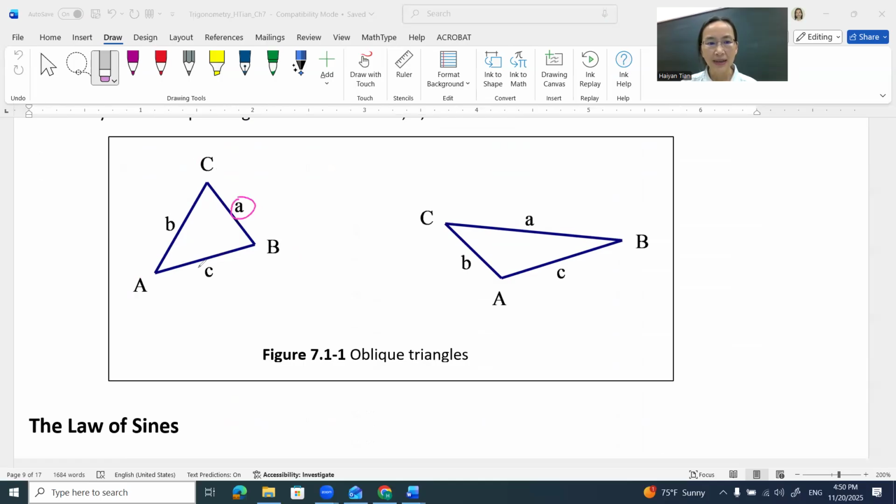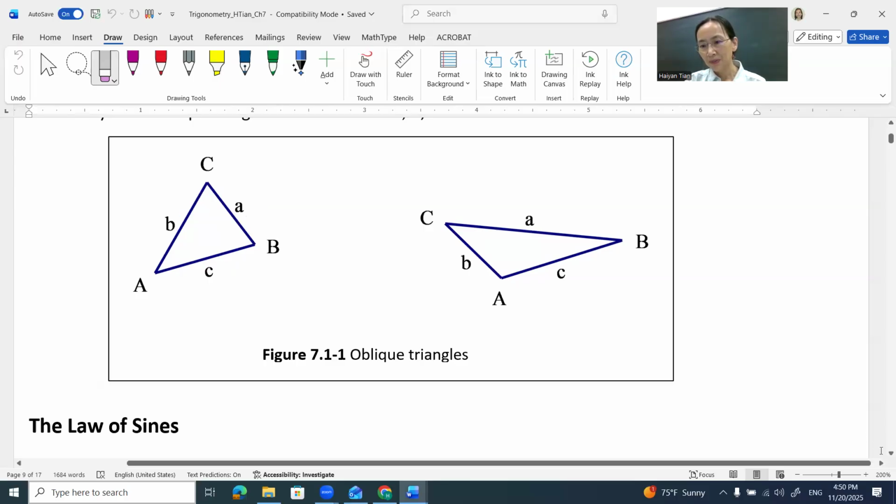So you see the lowercase a corresponds to angle A, the lowercase b corresponds to angle capital B, and lowercase c is the side corresponding to the angle capital C. That's the meaning of the lowercase and capital letters.